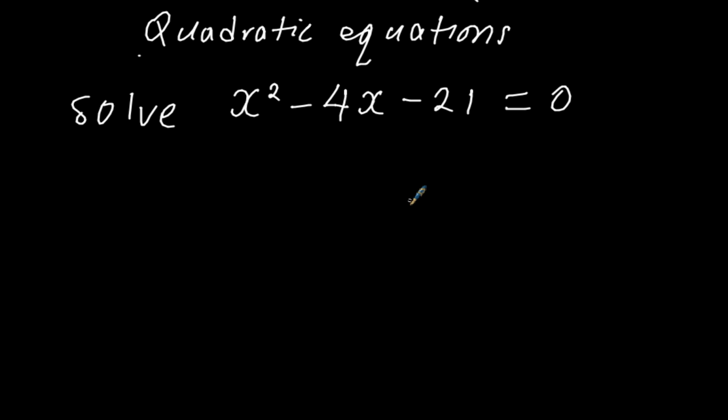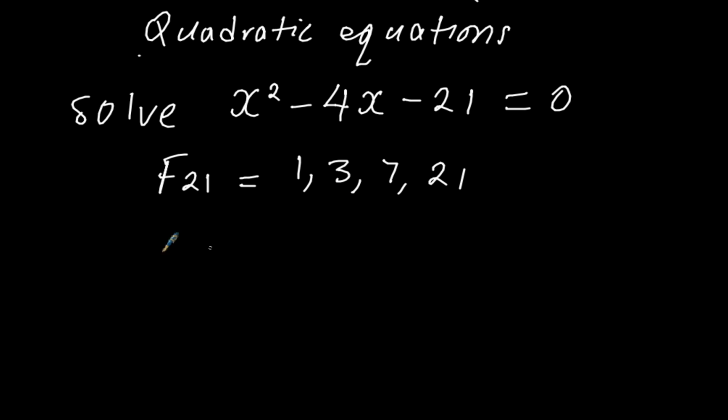Hello, in our previous video, I elaborated more about the factorization method for solving quadratic equations. This is our second example. So we find factors of 21, and factors of 21 are 1, 3, 7, and 21.